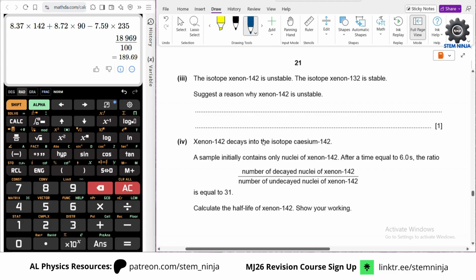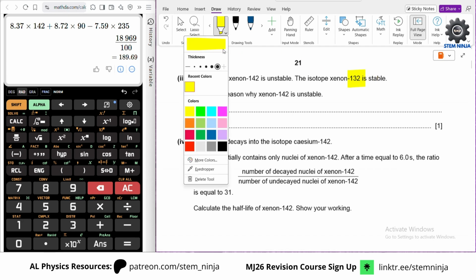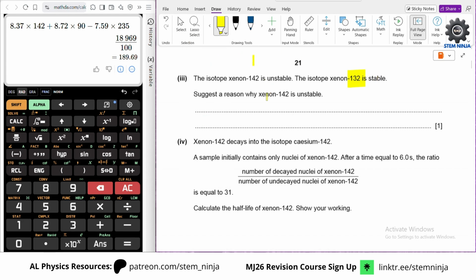Move on. The isotope xenon-142 is unstable. The isotope xenon-132 is stable. Suggest a reason why xenon-142 is unstable. It's due to the ratio between the neutrons and protons. When neutrons are higher than protons, the nuclei tend to become unstable.